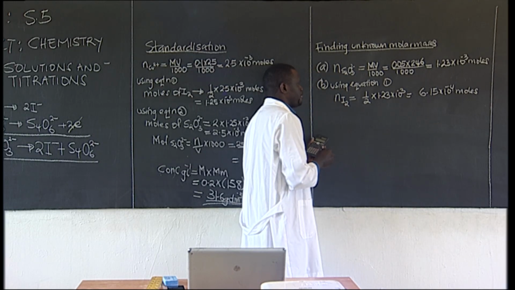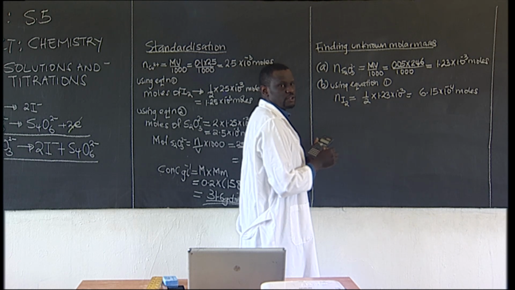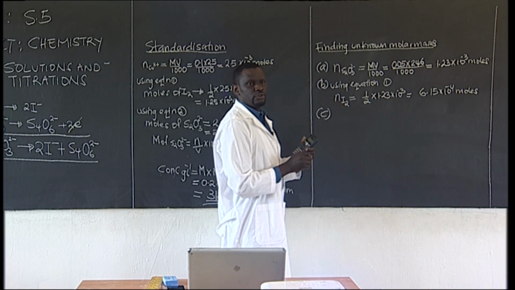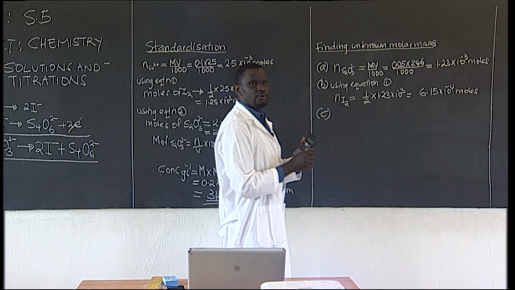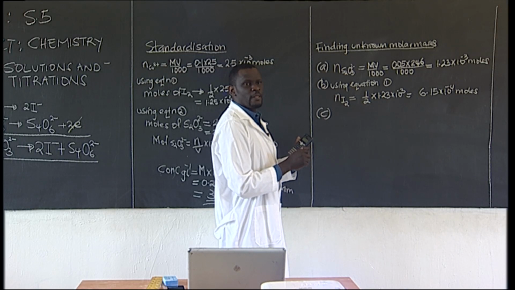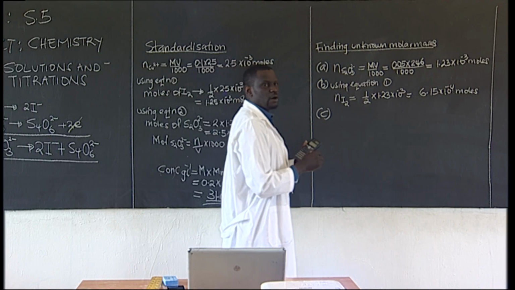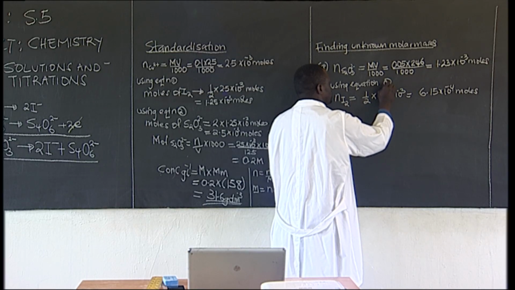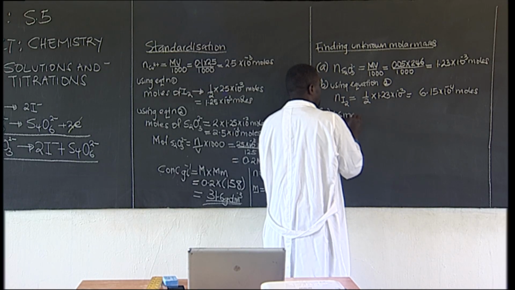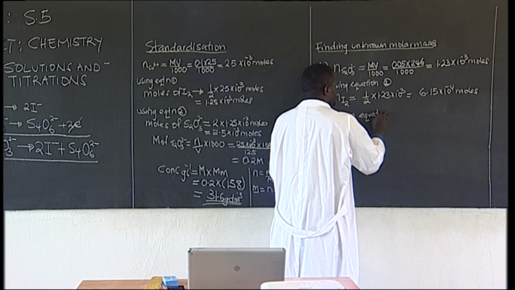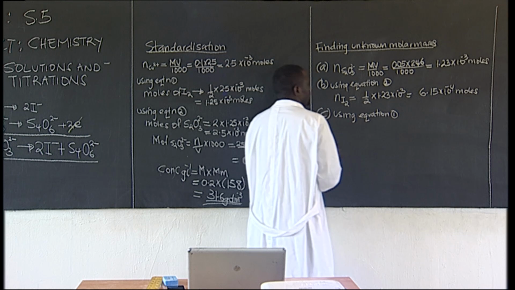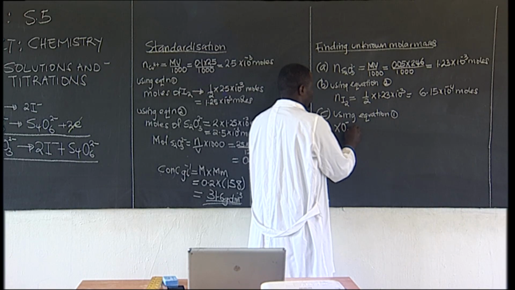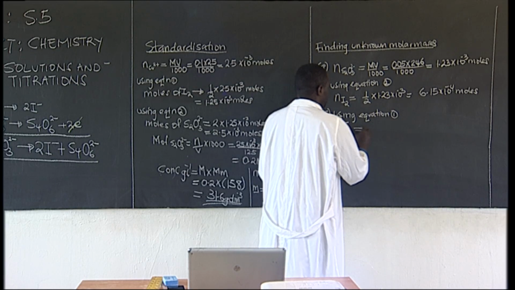Then from there, another question is telling us to calculate the moles of the exonate this time. So number of moles of exonate. We are going to transfer this iodine to equation number 2. So actually, this one is equation 2, and let's call this one equation 1 from our question. So we say moles of exonates.